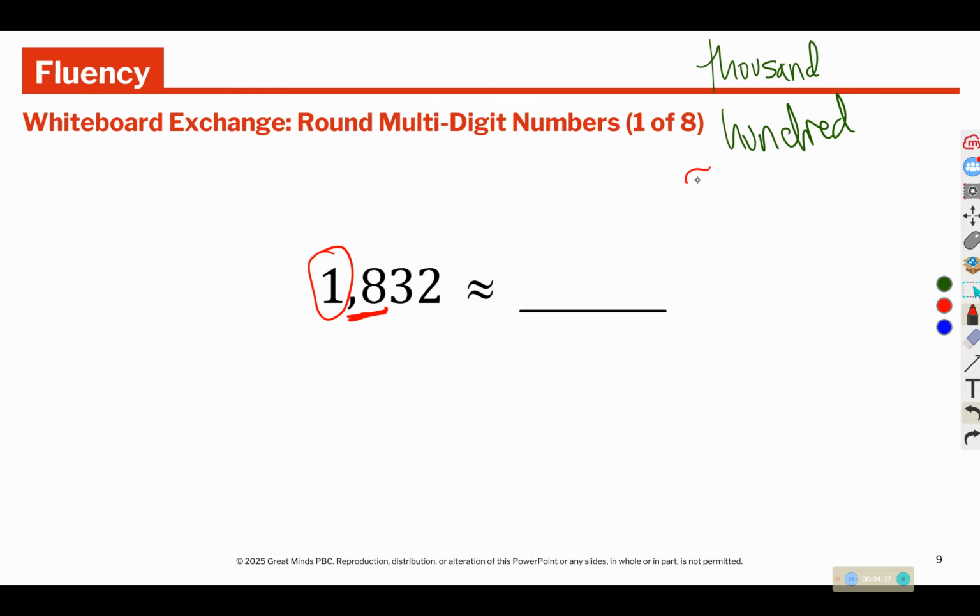If it is 5 or more, we said that we raised the score. And if it was 4 or less, we let it rest. 8 is more than 5, so we're going to raise the score to 2, and then fill in the remaining place values with zeros. That is how we would round to the thousand place.